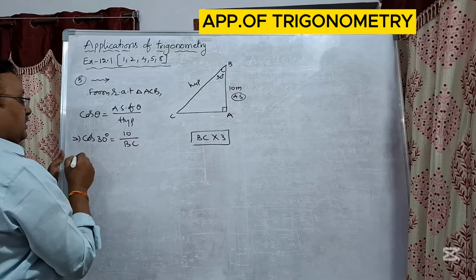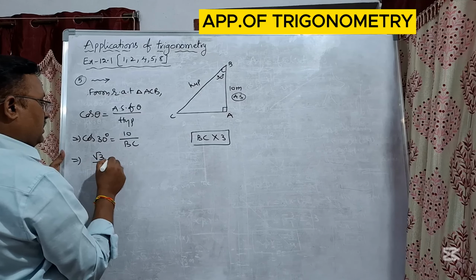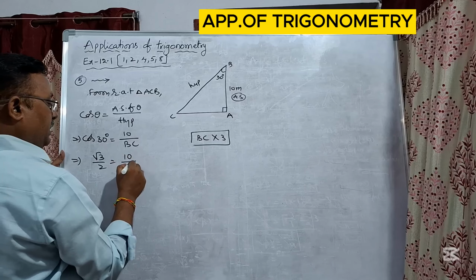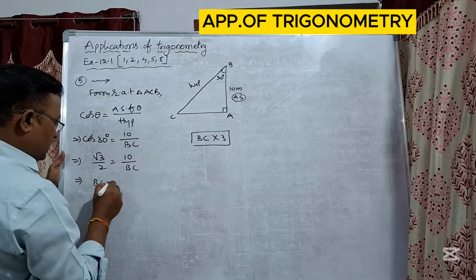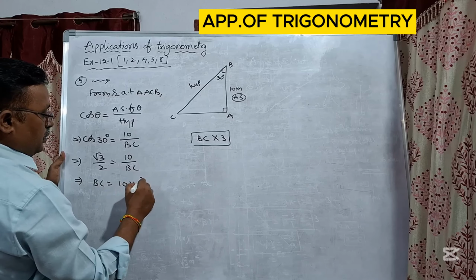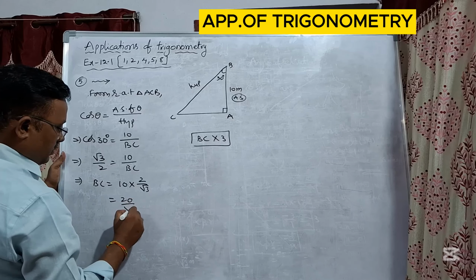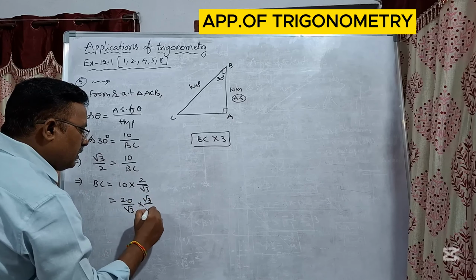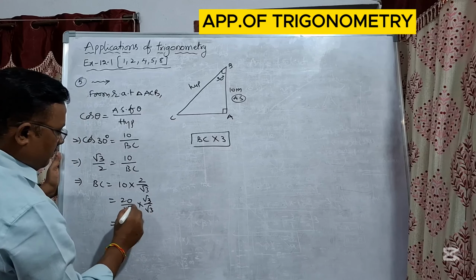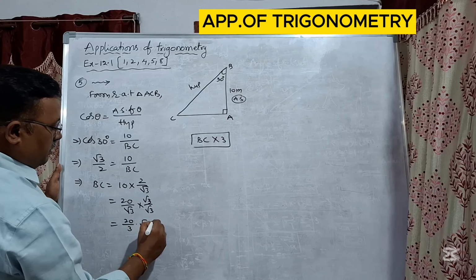This implies cos 30 degrees value root 3 by 2 is equal to 10 by BC. Cross multiply them. This implies BC is equal to 10 into 2 by root 3, which is equal to 20 by root 3. To make it proper, multiply by root 3 by root 3. This is equal to 20 by 3 into root 3 meters.